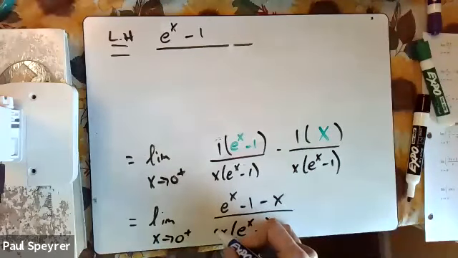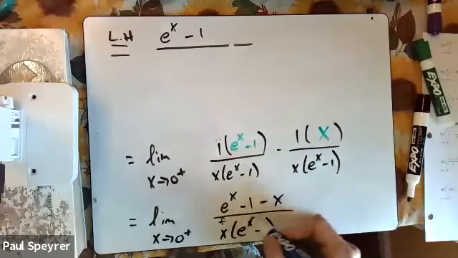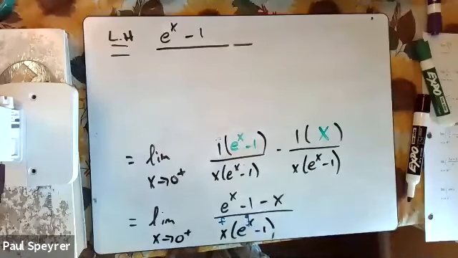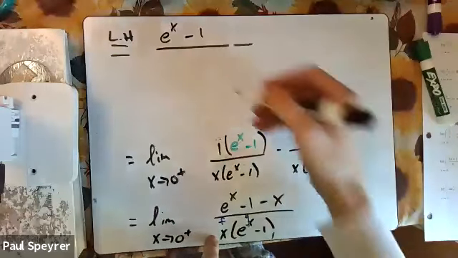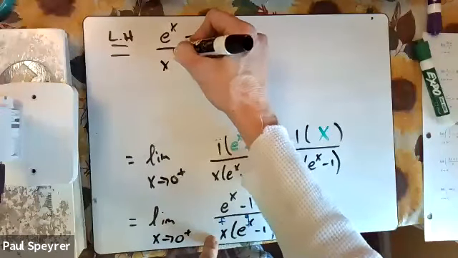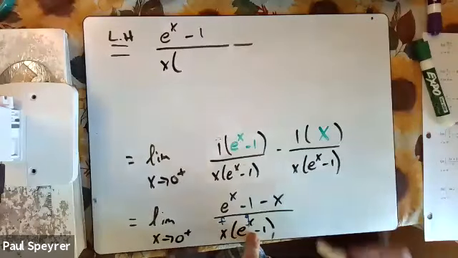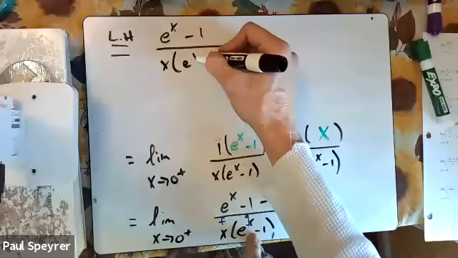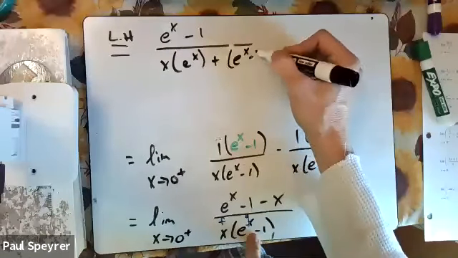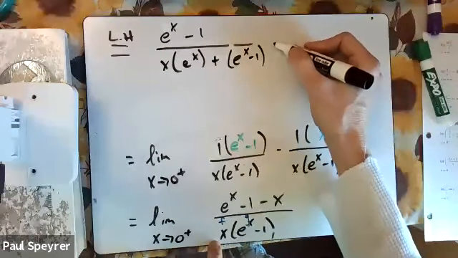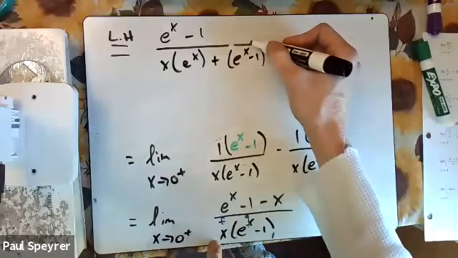That's product rule. This is f, and this is g right here. So we have to do f times g prime, right? F is x times g prime. What's the derivative of g? It's just e to the x, plus g times f prime, which is 1.